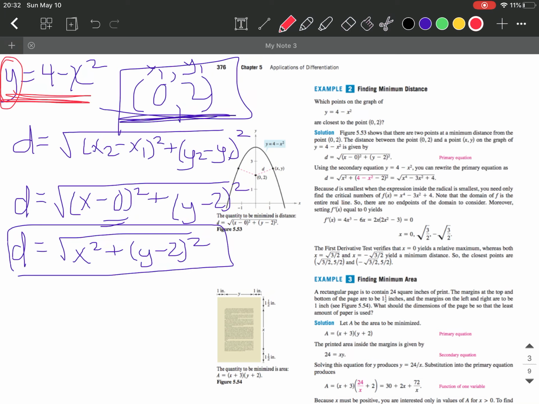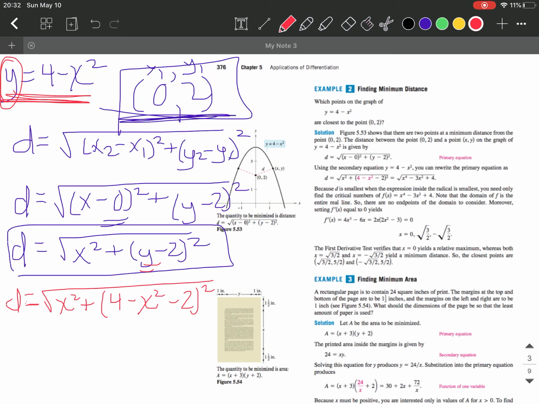I'm going to be substituting that y value in there, and I'm going to get a distance of the square root of x squared plus, instead of y, (4 minus x squared) minus 2, squared.